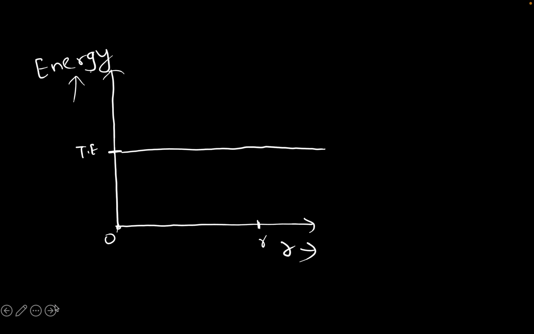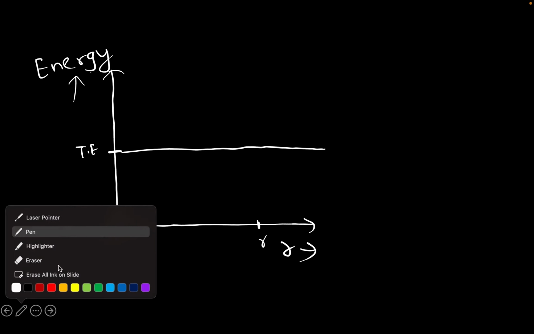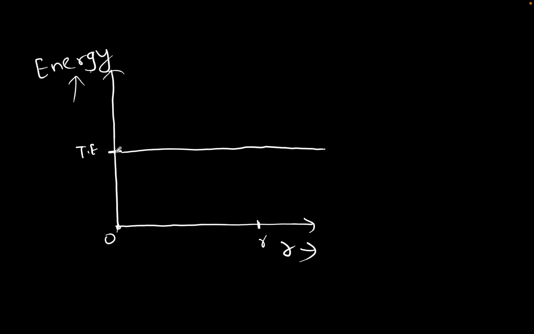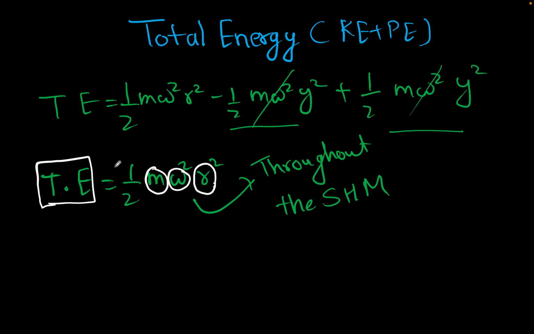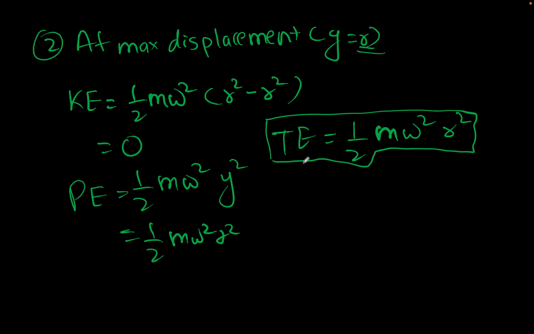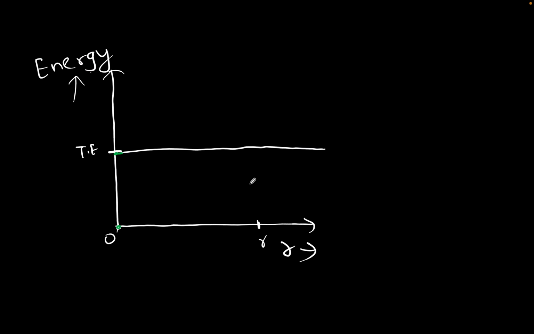So kinetic energy, let me draw with a different color. So kinetic energy is going to be maximum. Here is going to be our kinetic energy, and here is going to be our potential energy, and in mean position kinetic energy is maximum. Likewise, at maximum displacement kinetic energy is 0. So the kinetic energy is maximum at mean position, and at maximum displacement kinetic energy is 0.